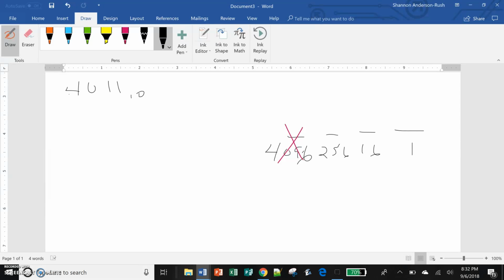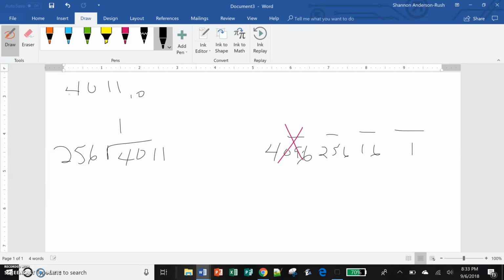There's only going to be 3 values in my hexadecimal. So first thing I want to do is determine how many times 256 will go into 4011 evenly. So get out my calculator. 4011 divided by 256.